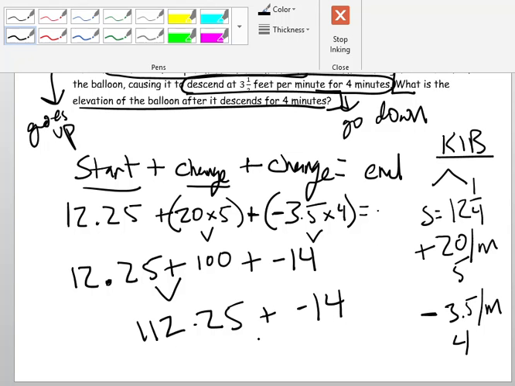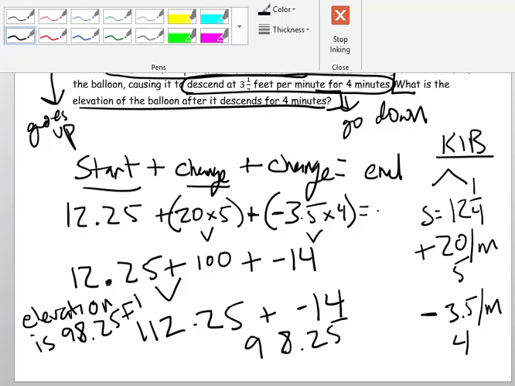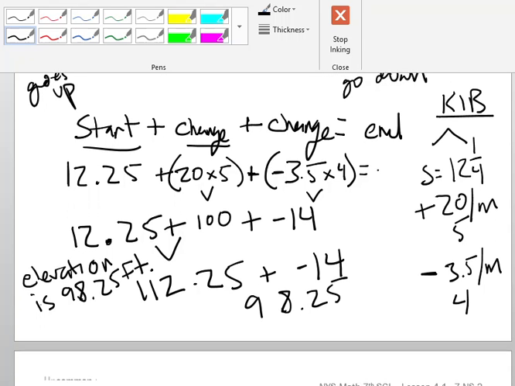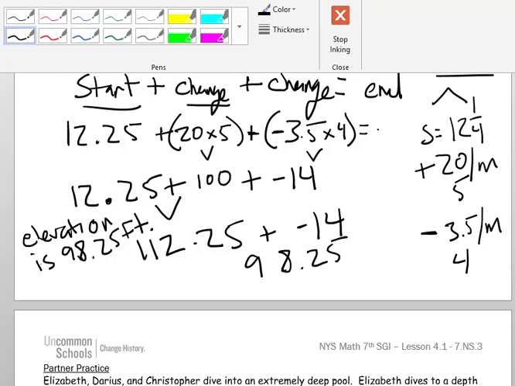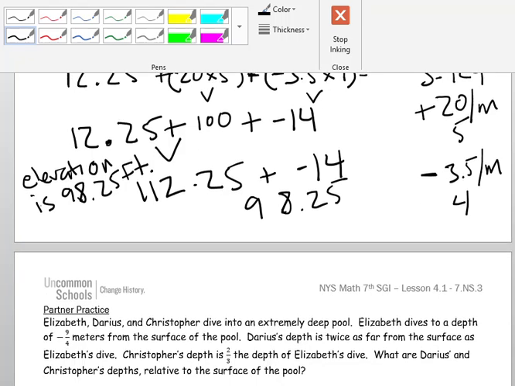And I'm going to end at 98.25, which means the elevation is 98.25 feet.